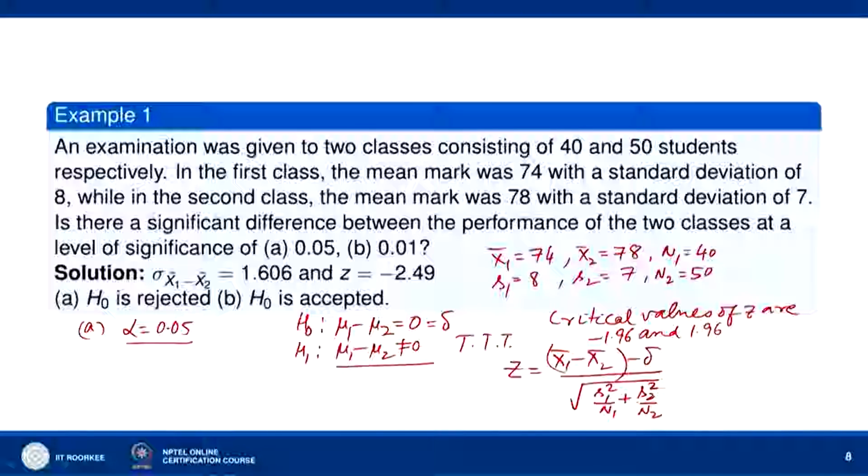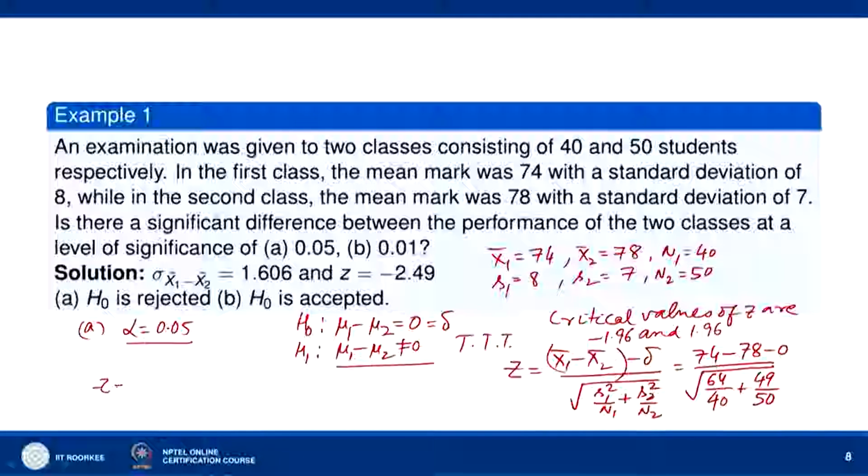X1 bar is 74, minus x2 bar, which is 78, delta is equal to 0, divided by the square root of S1 square, which is 8 square, means 64, divided by N1 equal to 40, plus S2 square, 7 square, means 49, divided by N2, that is 50. Now, let us calculate this value.